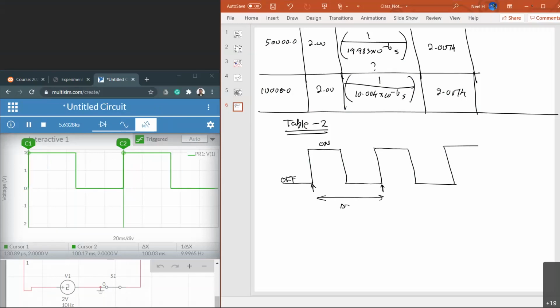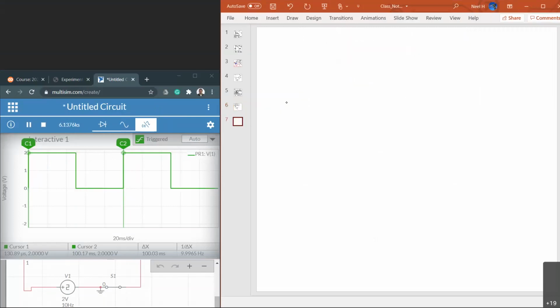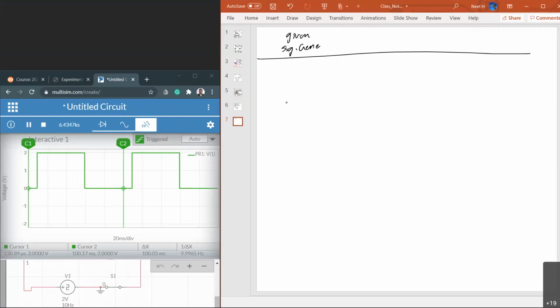That is the delta x we are measuring on our x-axis. That is the time, okay? Then you take 1 over that time, that is the frequency, what we call hertz. So now that number we're going to read directly. We're not going to spend time on calculating that. You know how to do the calculation. So the given values, that's the signal generator values, and then observed values from the oscilloscope.